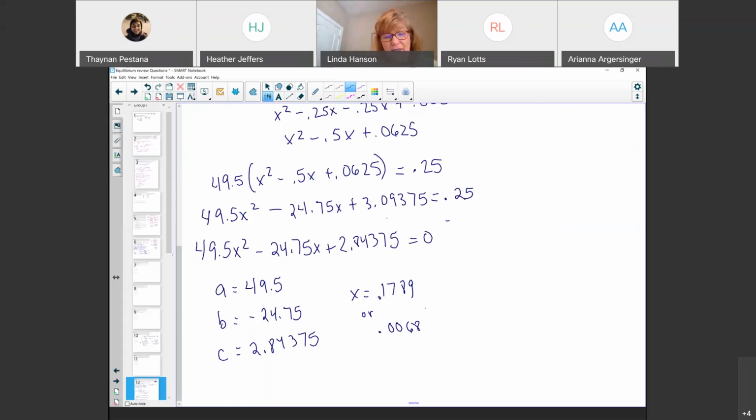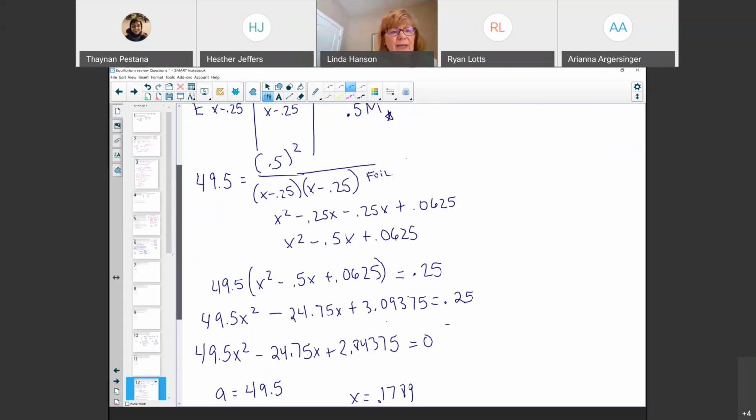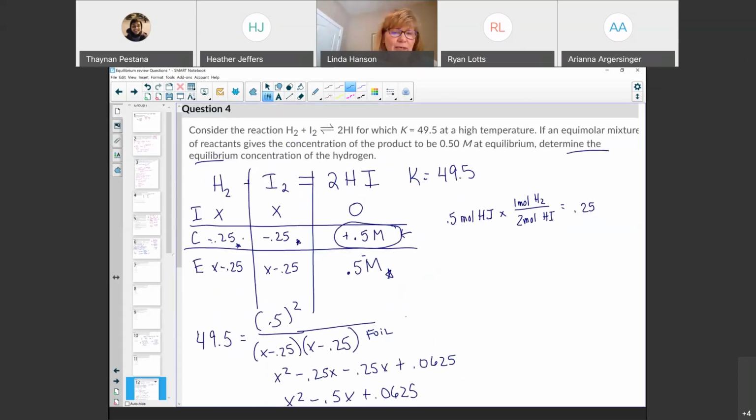As you come back up here, we have to be able to subtract 0.25 from this original answer, right? So if x is 0.1789 or 0.0068, that's where you're at in terms of finding the correct answer.